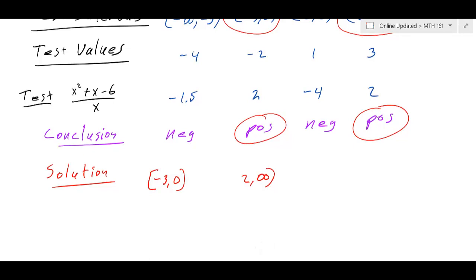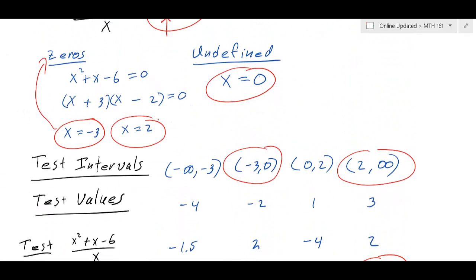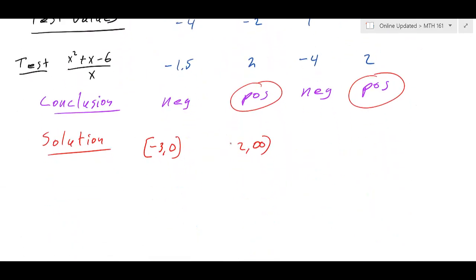And on the 2, the 2 is where we get a 0, so we would use a bracket on the 2. So negative 3 to 0 or from 2 to infinity, with parentheses on the 0. So this is our solution for this rational inequality.